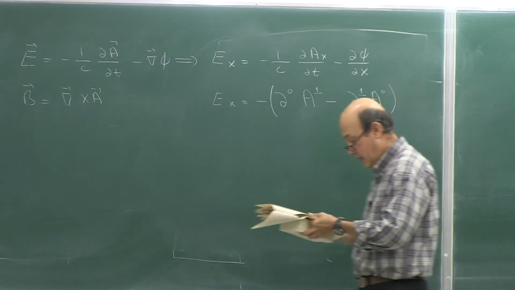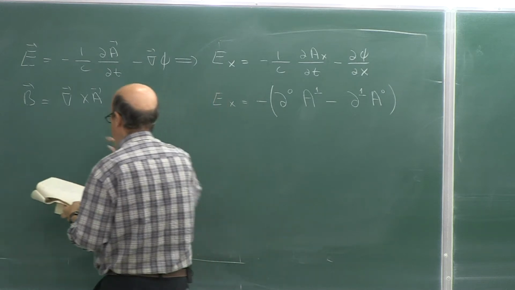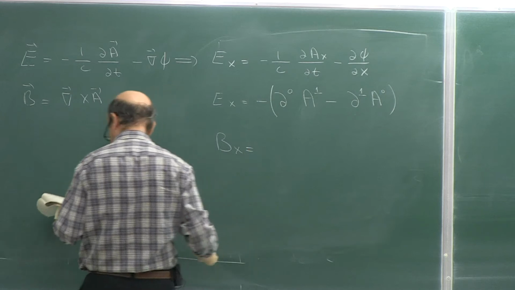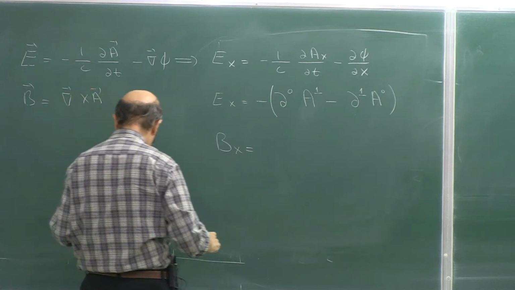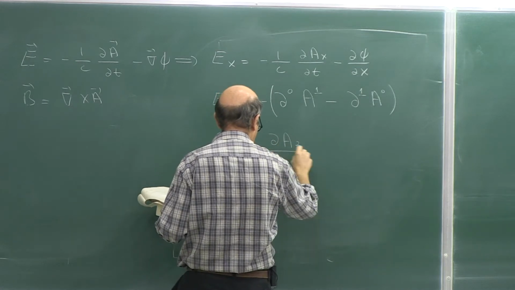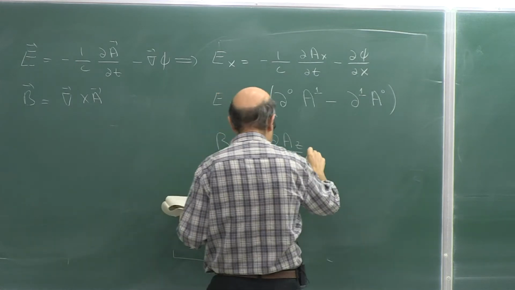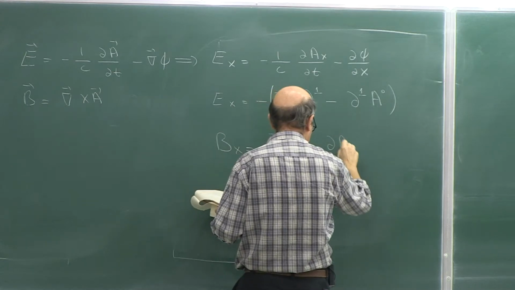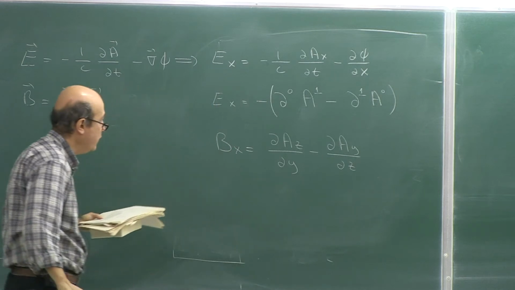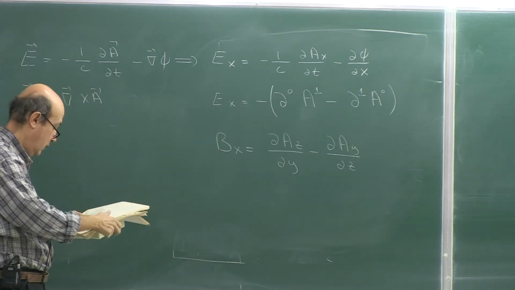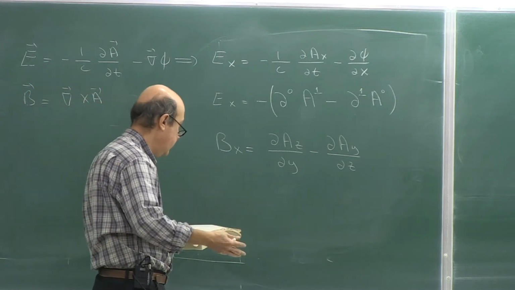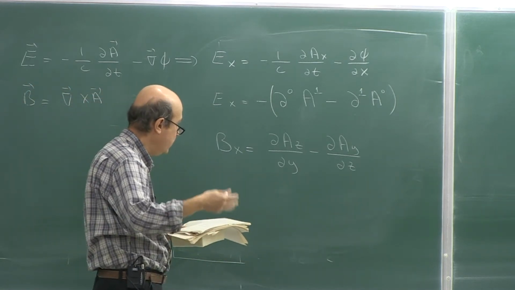So we use the elements of the four-dimensional partial derivative operator and the four-dimensional potential. Let us work on another quantity, for example Bx. Bx is equal to del Ez over del y minus del Ey over del z. Can we write this in terms of components of the four-dimensional partial derivative operator and the four-dimensional potential?